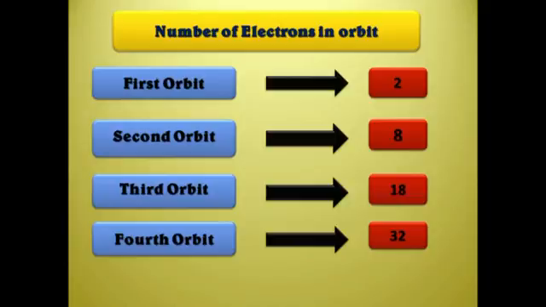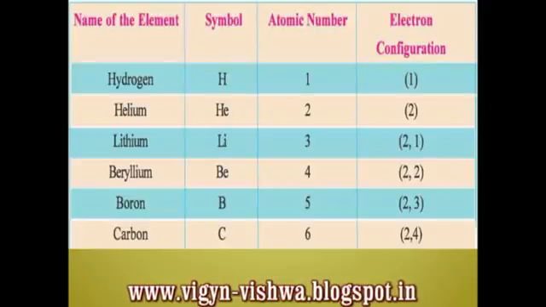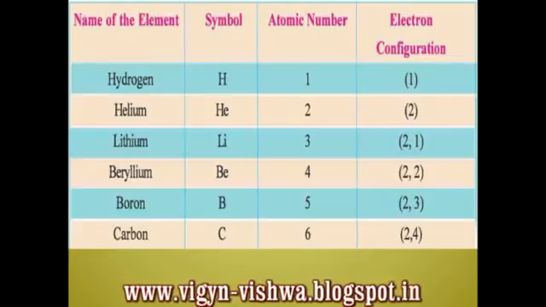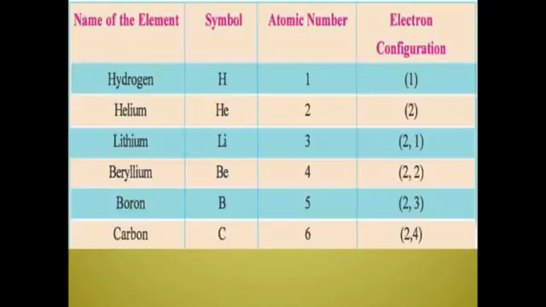Now let us see some elements. In this chart there are given some elements: hydrogen, helium, lithium, beryllium, boron, carbon, with their symbol, atomic number and electronic configuration. You can see in the chart hydrogen, capital H, atomic number 1 and electron configuration 1.